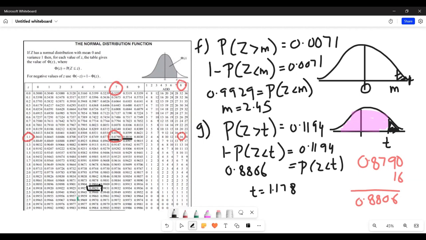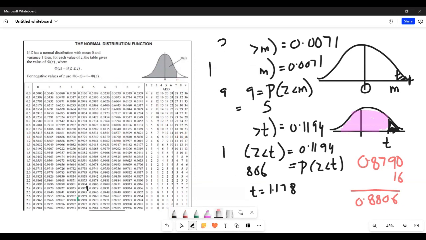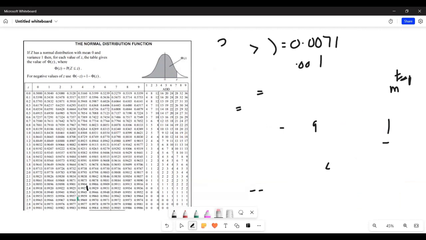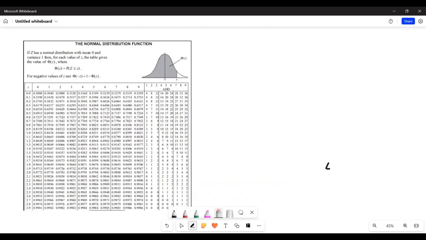ठीक है मैम. Okay, so 1.178 आ गया for T. Next is probability Z is greater than n equals to 0.9747. Okay, now this is different. Let's see.